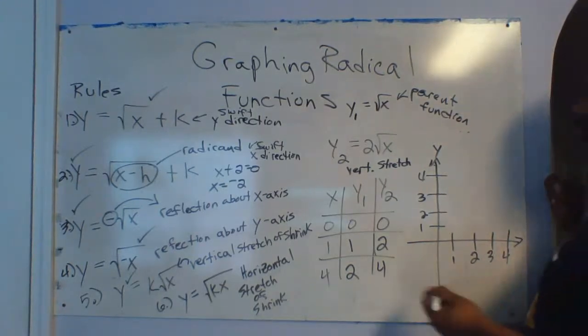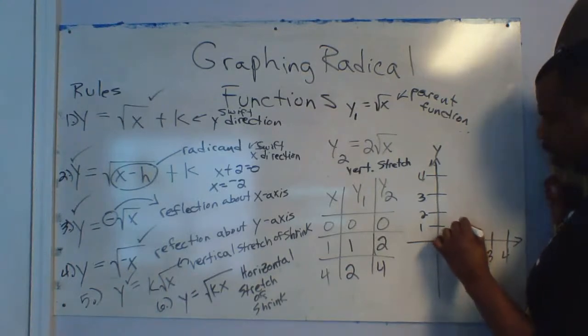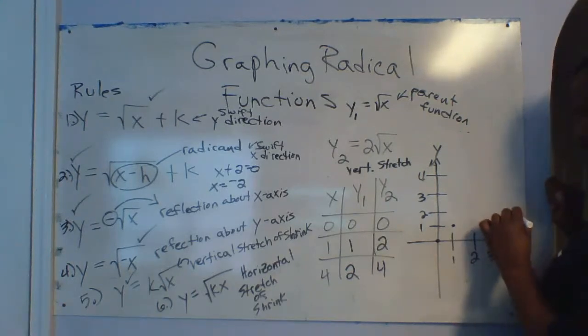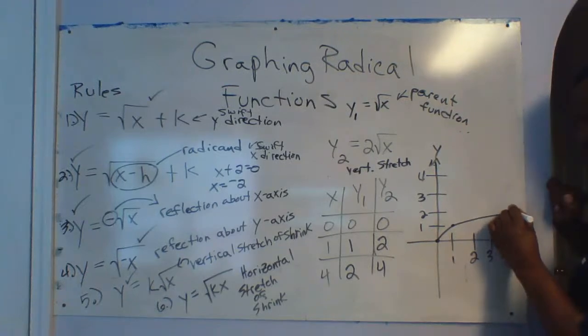So for the parent function, we get (0, 0), (1, 1), then (4, 2), and then we're just going to draw it like so.